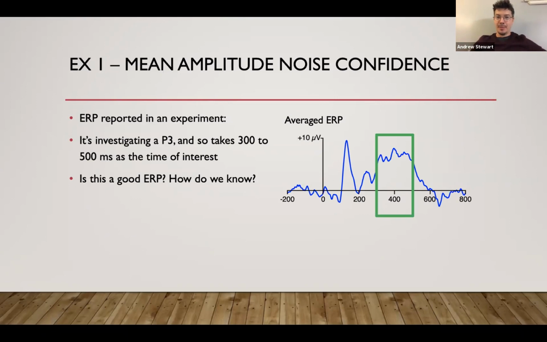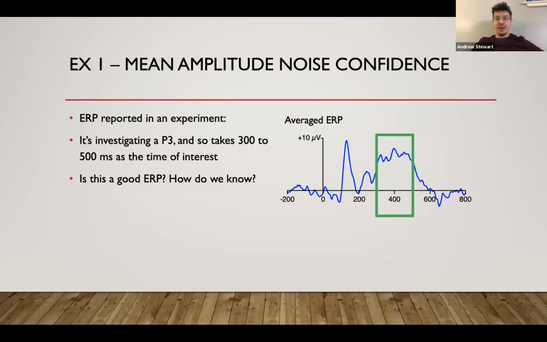And if you're examining a paper and it reports the P3 as this figure here, it is the task of the reader and perhaps the reviewer of this paper to figure out, is this a good ERP? Is this a good study? Is this good data? And from this alone, this is difficult to figure out.